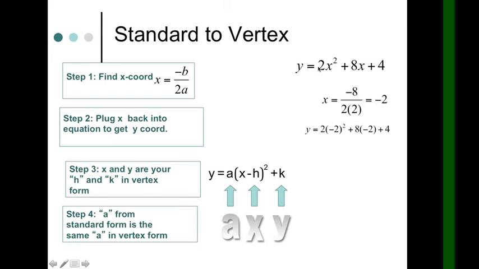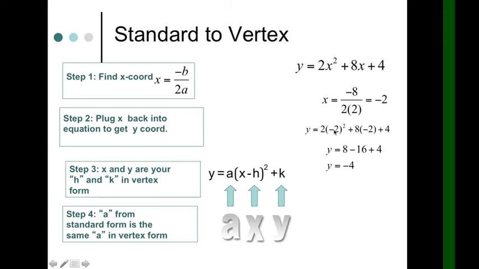Next, going back to step 2, we plug x back into the equation to get the y coordinate. We substitute x, which is negative 2, into the equation. So we have 2 times negative 2 squared plus 8 times negative 2 plus 4.